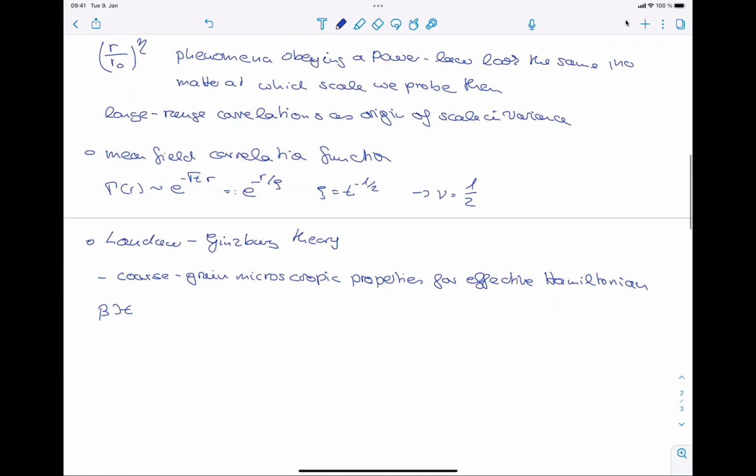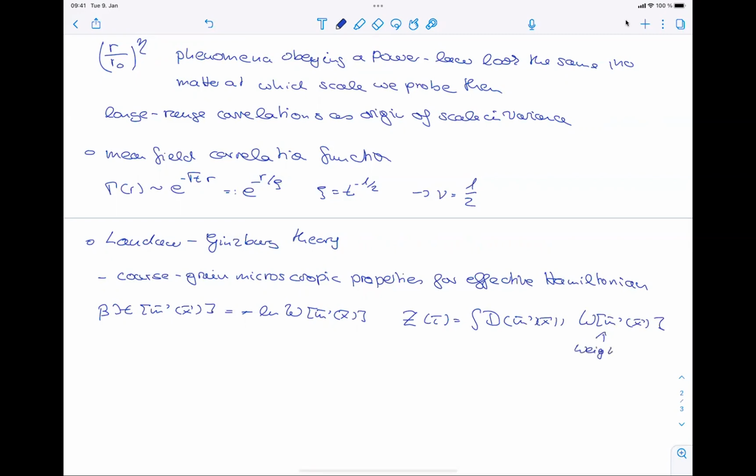So the idea is that my effective Hamiltonian is now a function of a field variable, so the magnetization as a field, and we describe this as minus a logarithm of a weight function that's weighing the individual magnetization configurations, where now the partition function as a function of temperature is the integration over the states, and this would be the corresponding weights of field configurations.